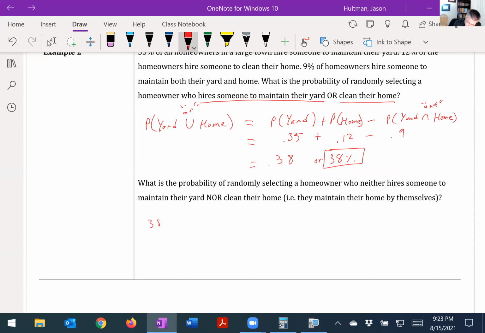So if I know that 38% have either a gardener or a housekeeper, then how many don't? Well, that's 1 minus 0.38, which is 0.62. That's the complement that we talked about before. So 62% have neither.